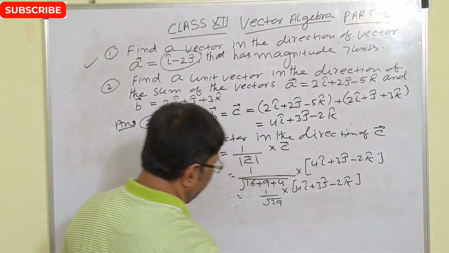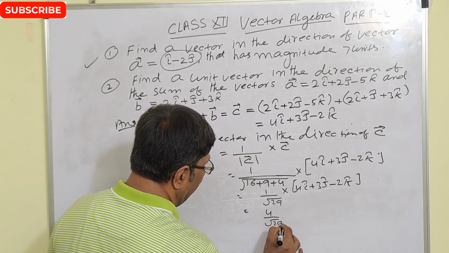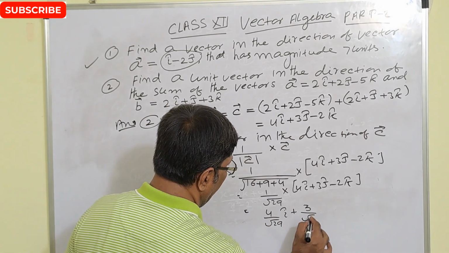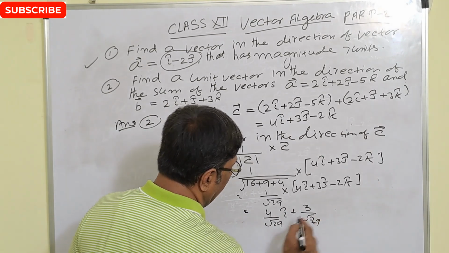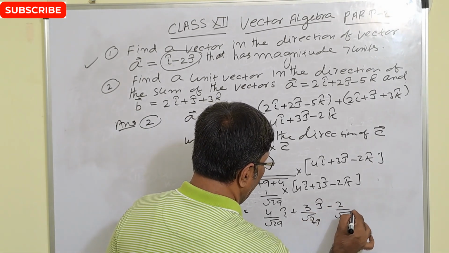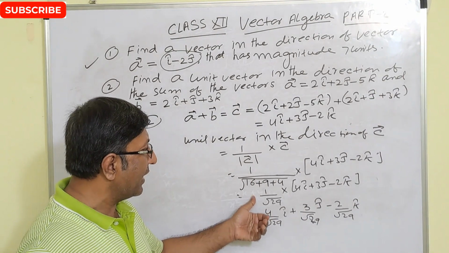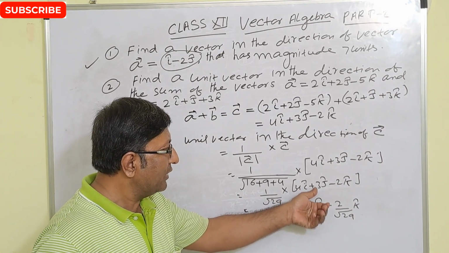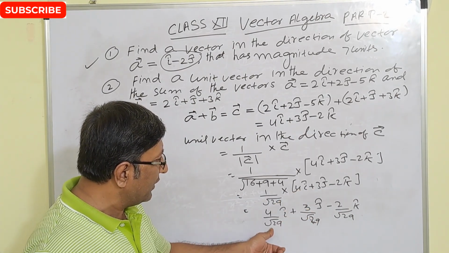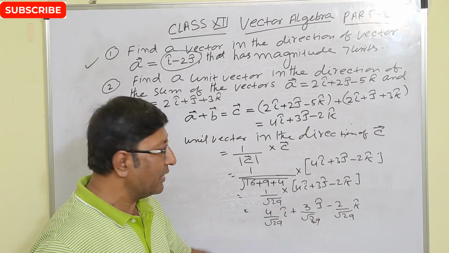Now you can write this expression in this way also: 4 upon root 29 unit vector i plus 3 upon root 29 unit vector j minus 2 upon root 29 unit vector k.